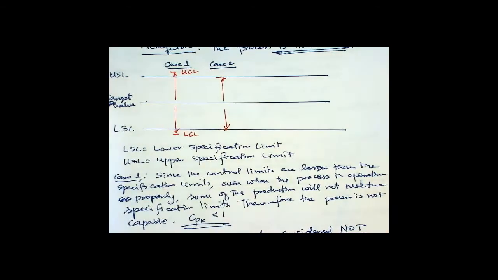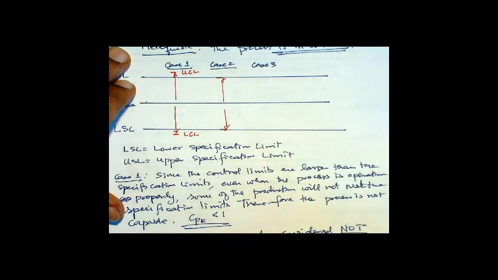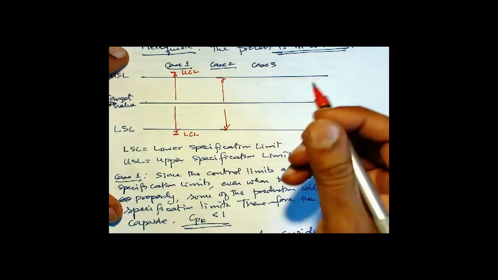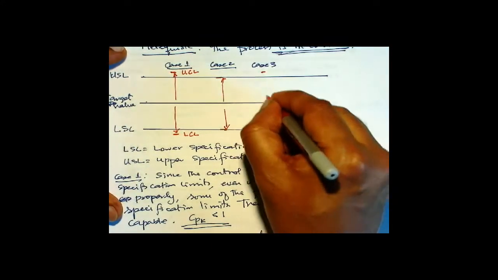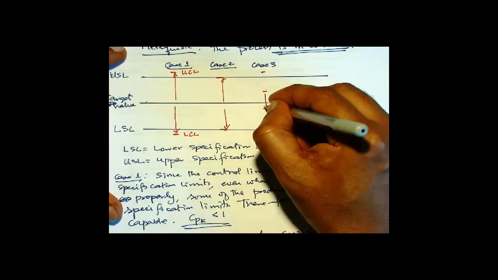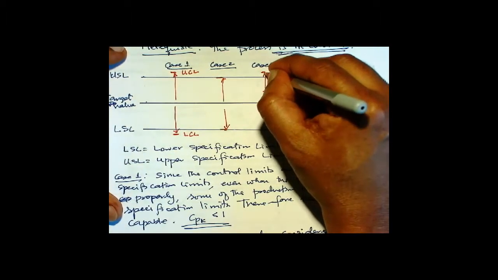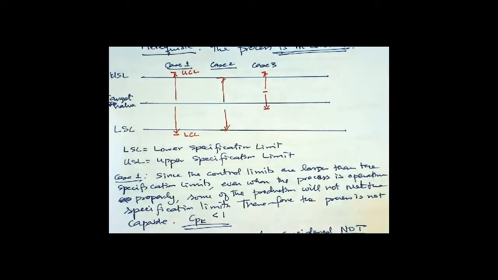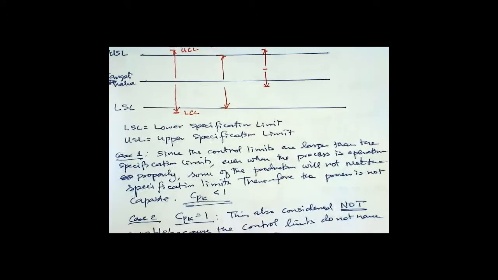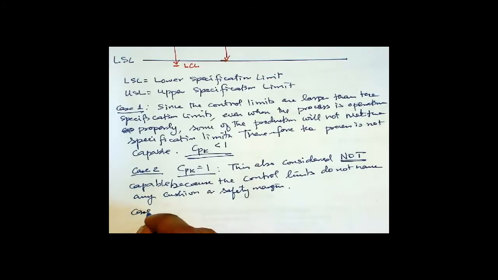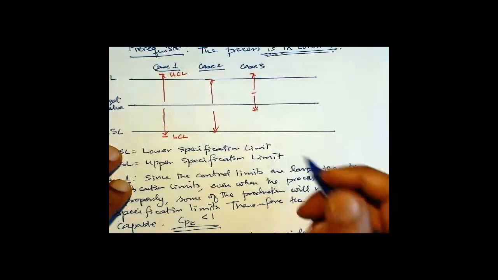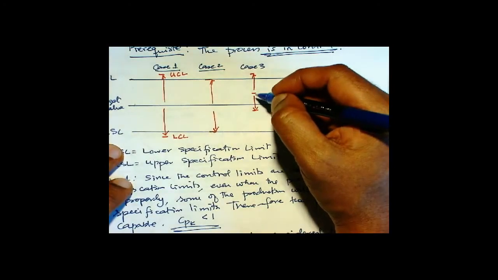Now let's look at case 3, where the limits are, well, maybe something like that. Okay. Now, if you look at case 3 carefully, you'll see that the variance seems to be pretty small.